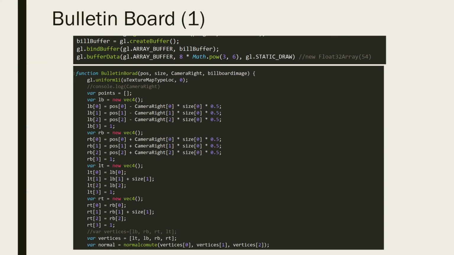The key feature of the bulletin board is that it is always perpendicular to the direction of view, or parallel to the camera right. Therefore, we can use camera right, size, and pos to calculate the position of the four vertices: the left bottom, right bottom, left top, and right top of the bulletin board.